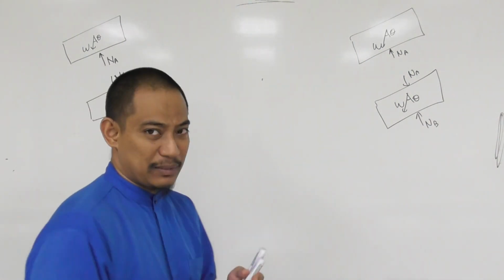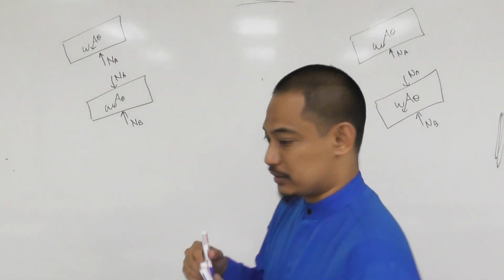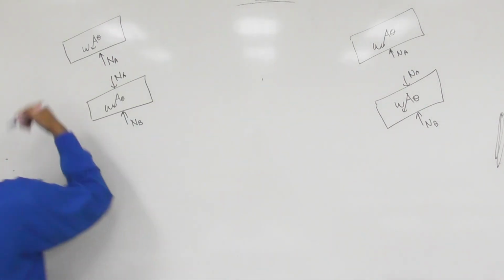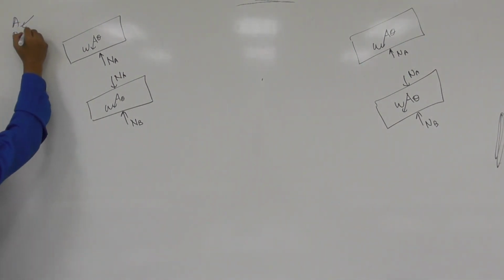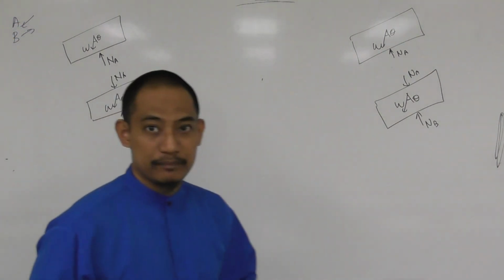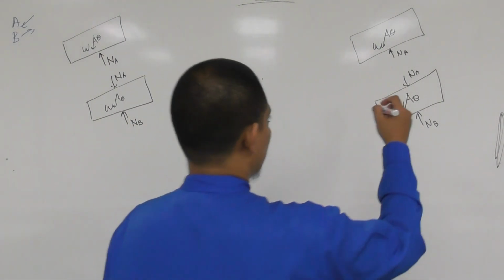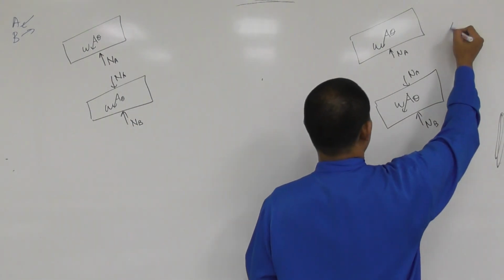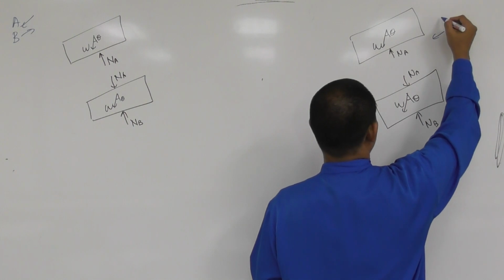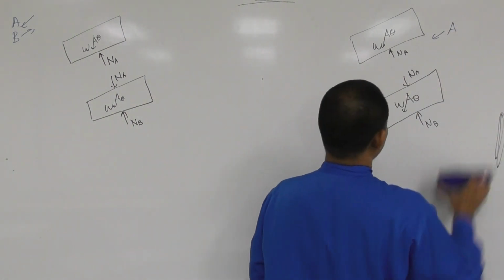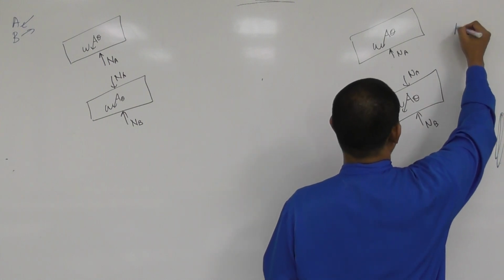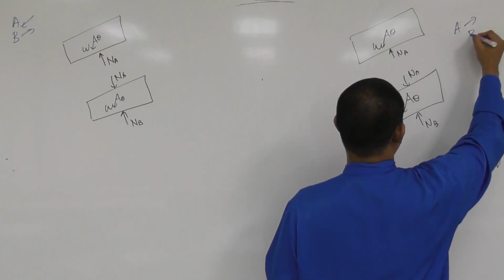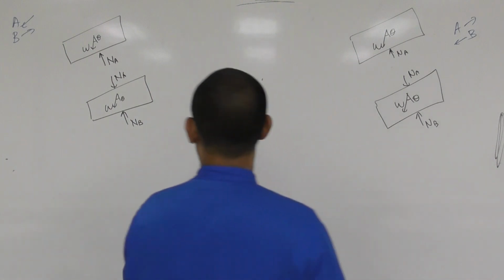So what's the assumption just now between these? In this one, our assumption is A is moving down and B is moving up, right? In this other case, we are assuming A is moving up because B is moving down. That's the opposite.